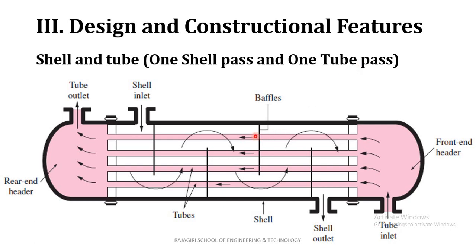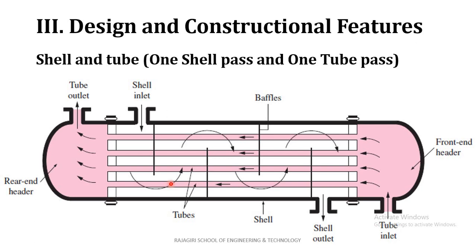In a shell and tube heat exchanger, actually there is a shell. So you can see this is a shell, and there are bundle of tubes arranged parallelly within the shell. You can see 1, 2, 3, 4 tubes here, but it is not actually 4 tubes, it is bundle of tubes.